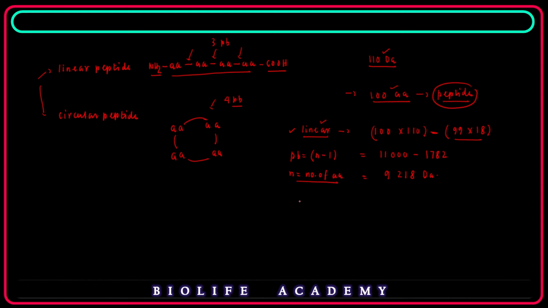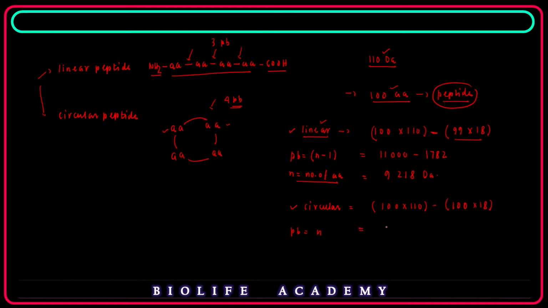If we calculate the molecular weight of a circular polypeptide, we will find that there are 4 amino acids and 4 peptide bonds. So here the number of peptide bonds is equal to the number of amino acids: 100 into 110 minus, there will be 100 water molecules released, into 18.